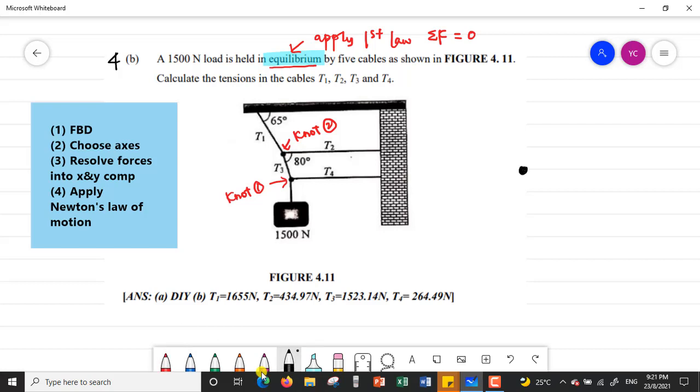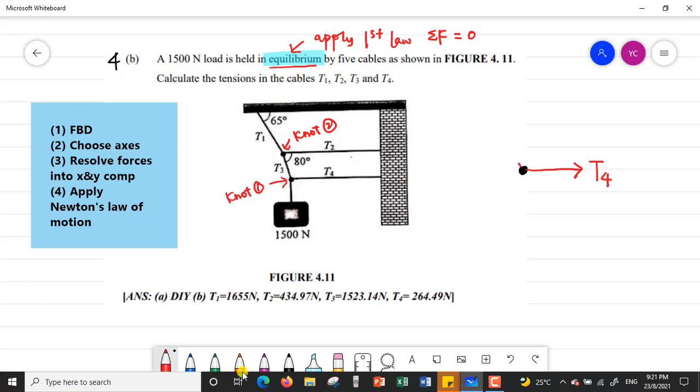So I draw first for this knot 1. At knot 1, there are 3 cables: T3, T4 and the weight. Along this cable is the weight, 1500 Newton. So I have 3 forces. Here I have T4.